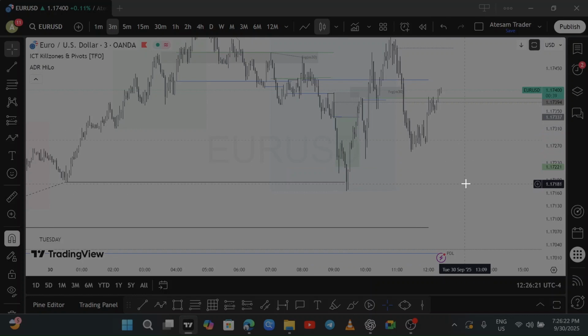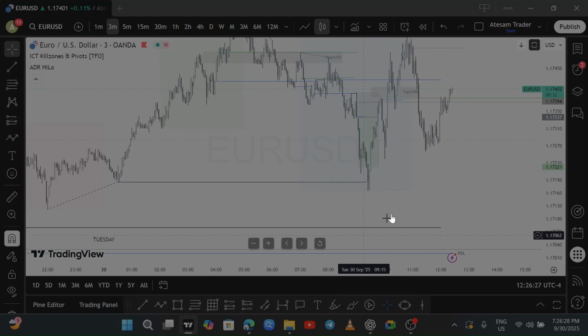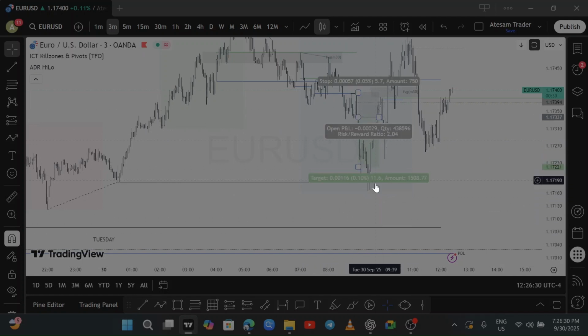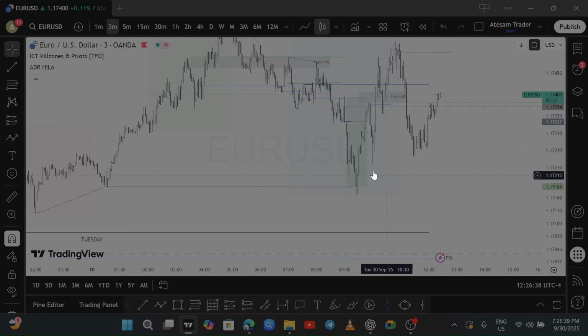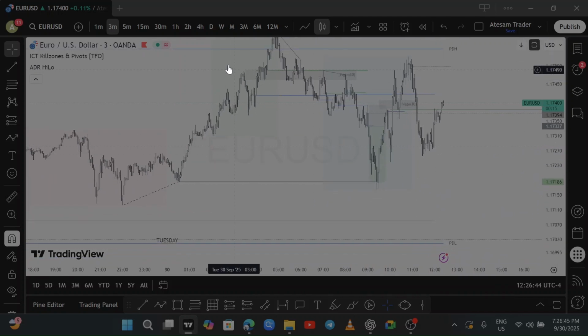It hit the take profit immediately. But I was still holding this trade and hoping price would go down, and this is what happened. So I marked the take profit level, I marked the liquidity point, but I didn't book the profit. And yeah, this happened. And also this is a good learning point.